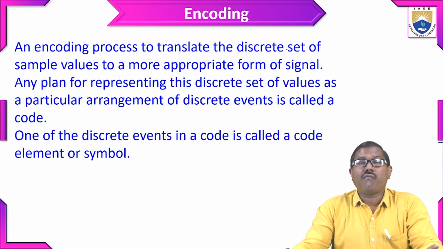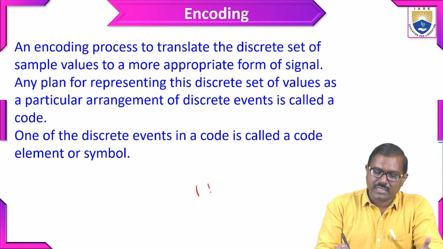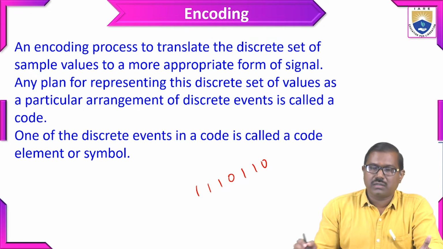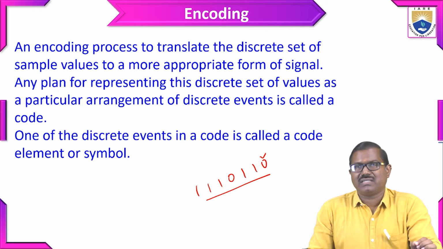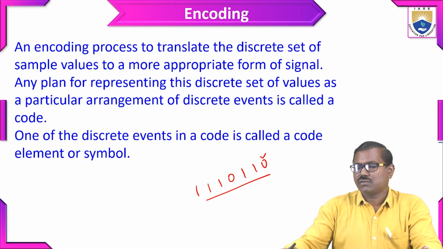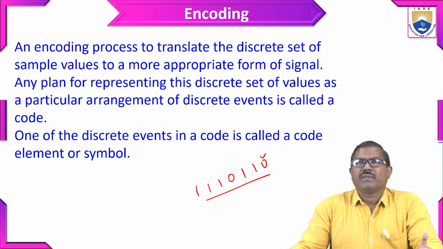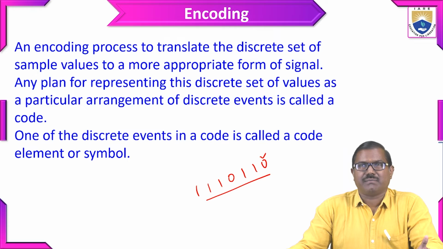That means after encoding, the signal is called a code. One of the discrete events in a code is called a code element or symbol. It may be represented like this. So in this code, one discrete event is called a code element. This is encoding in PCM.